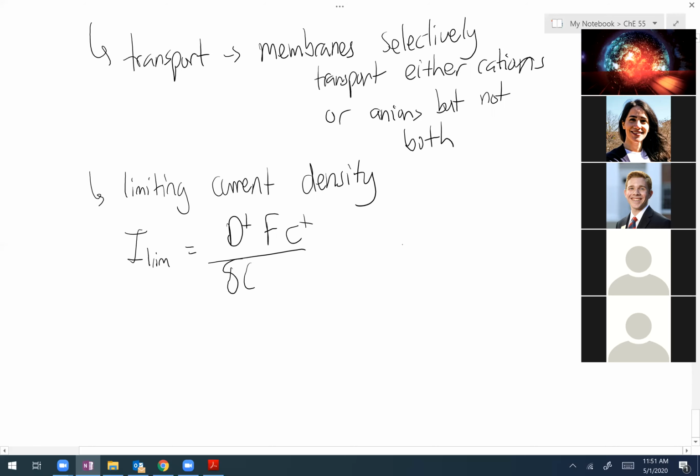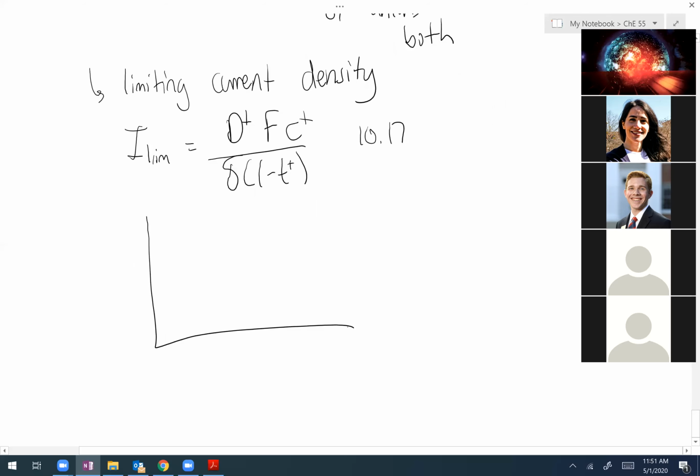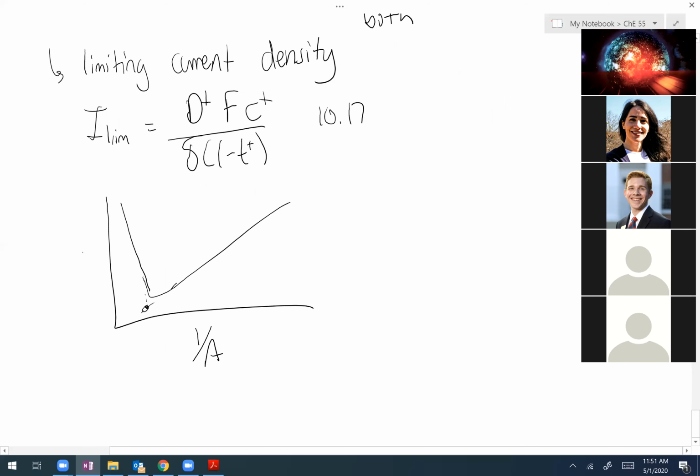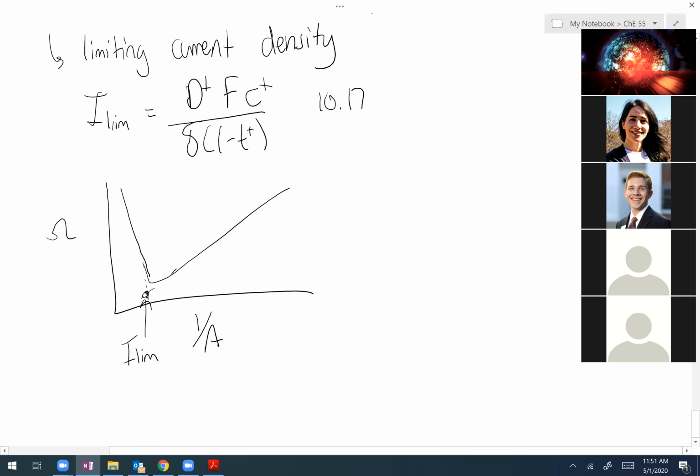But most of the time it's not calculated, it's measured experimentally, looking at a plot. I think it was a Cohen-Brown plot, which looked like this, where the intersection between reciprocal current and resistance gave us our limiting current density. We had various data, something like that.